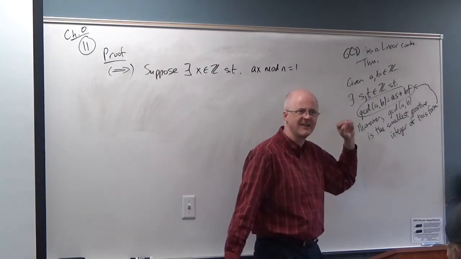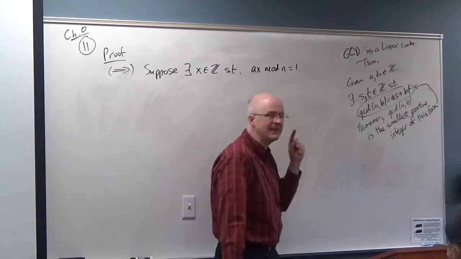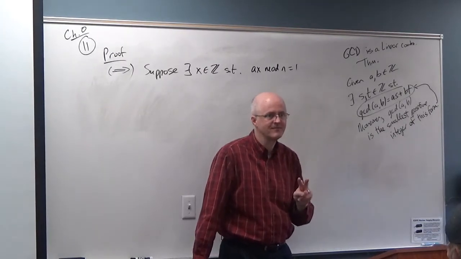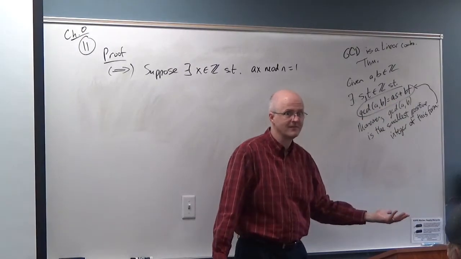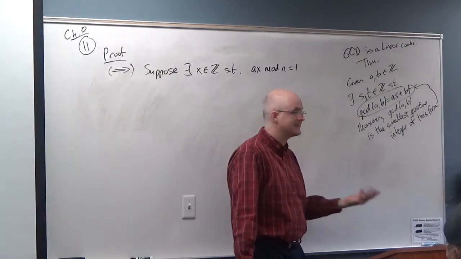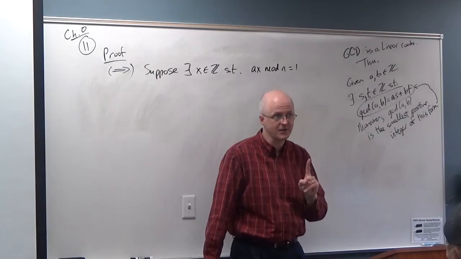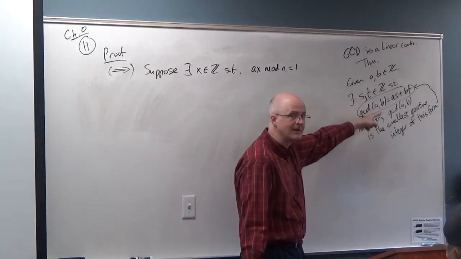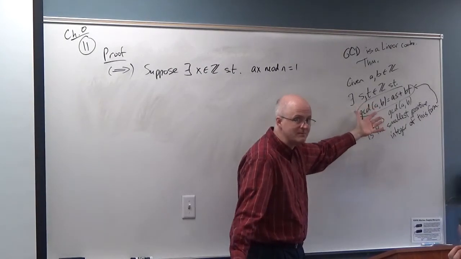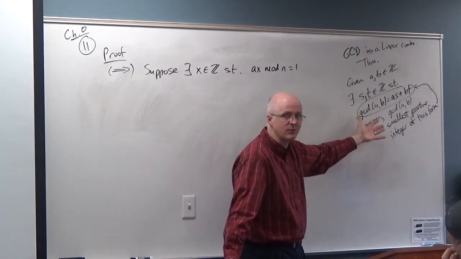Say that again. Listen real carefully. If, given your two numbers, you can find a linear combination that does equal 1, since 1 is the smallest positive integer, and since the GCD is the smallest positive integer of that form, if it equals 1, 1 must be the GCD. Those numbers must be relatively prime.